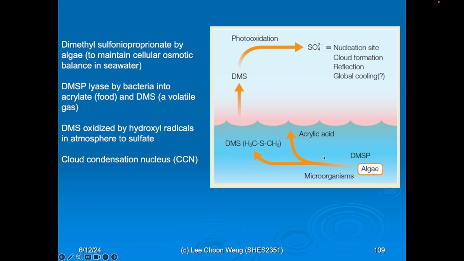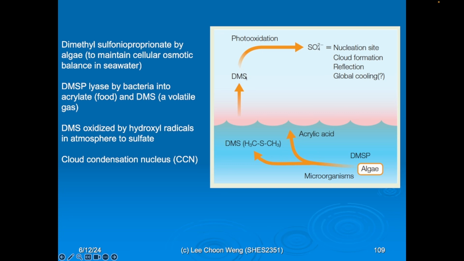So as the algae photosynthesize, as the algae grow, DMSP is released. And this DMSP is used by bacteria that have DMSP lyase that breaks DMSP down into dimethyl sulfide and also acrylate. So acrylate is a food for the bacteria, and DMS is a volatile gas that is released into the atmosphere.